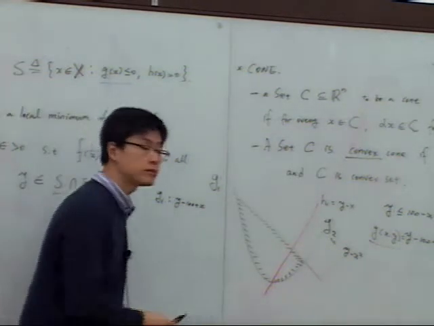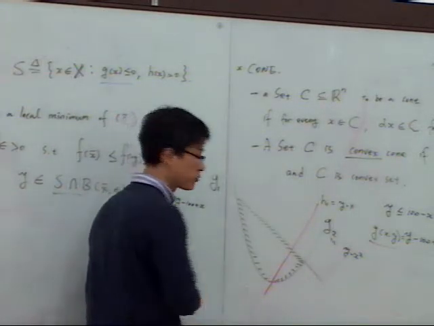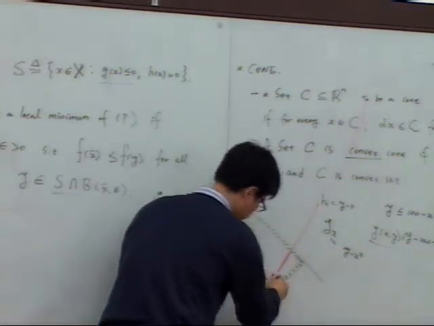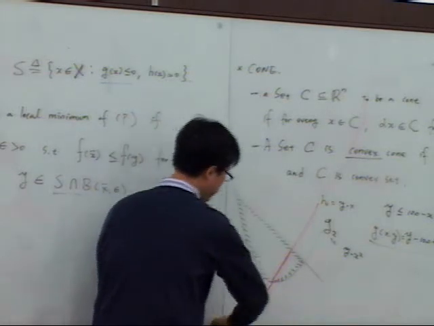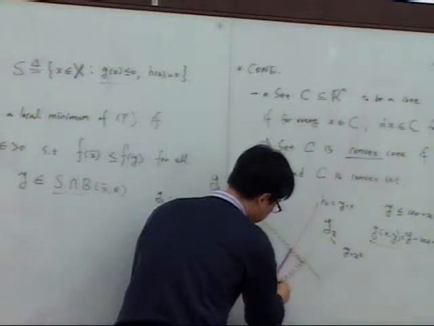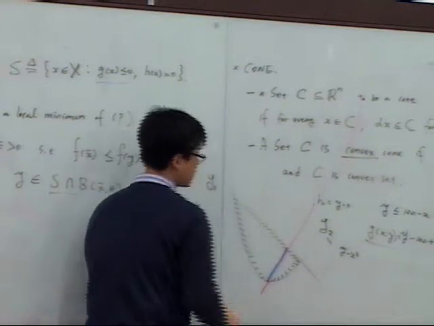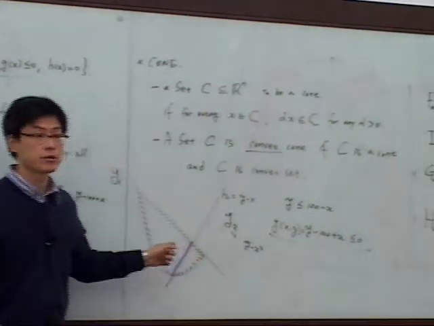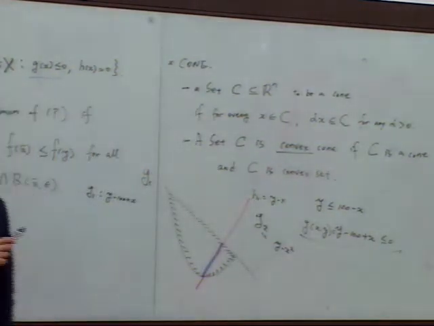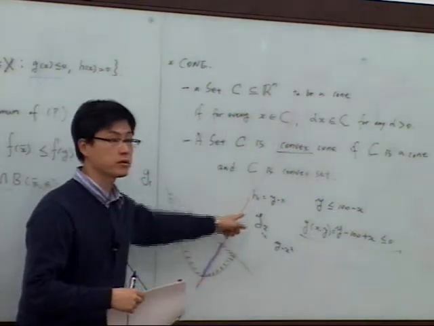But from the equality constraint, now your feasible region is reduced to this part, that blue line. Because this is your equality constraint, your point should be within the region and at the same time on that function.